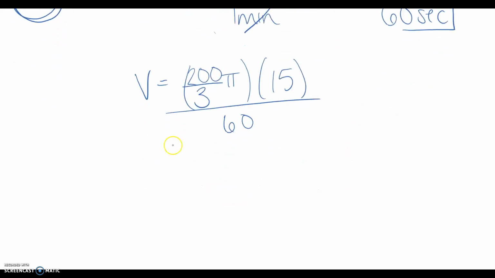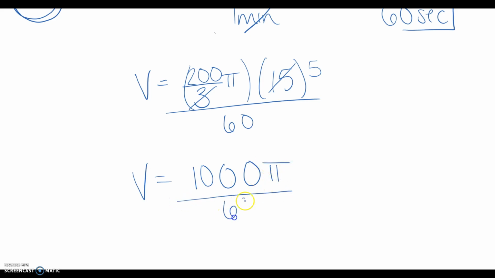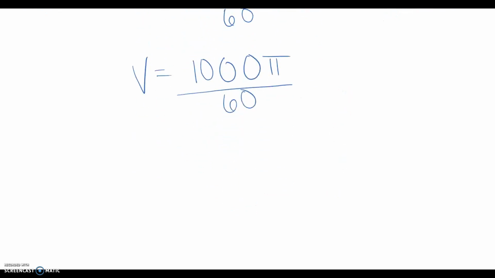And then this simplifies, right? So 15 and 3, that's going to be 5, right? So v is going to equal 5 times 200, so we got 1,000. And then 1,000 over 60 can be reduced to 50 thirds. So this is going to be our exact answer, in centimeters per second.